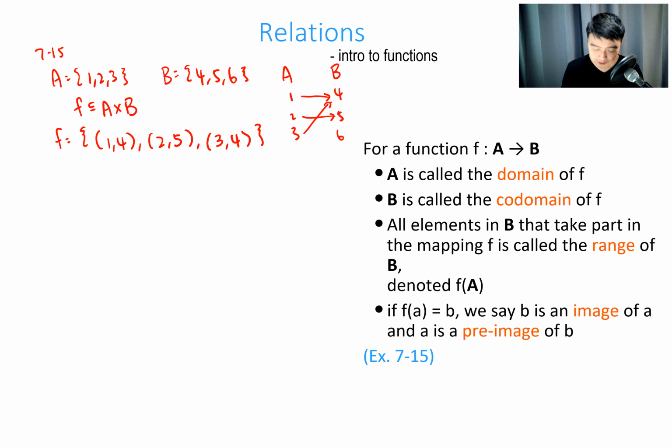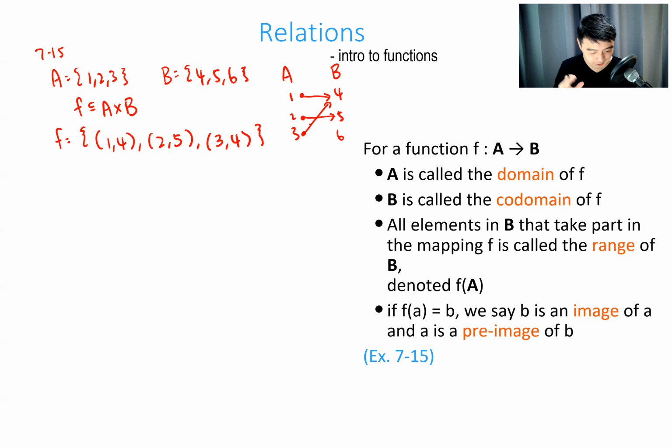That is our function. What you see is that every input has one and only one output associated with it. Another way to say that is that in this graph, there's only one arrow pointing away from each input. So that tells you that this is a function.